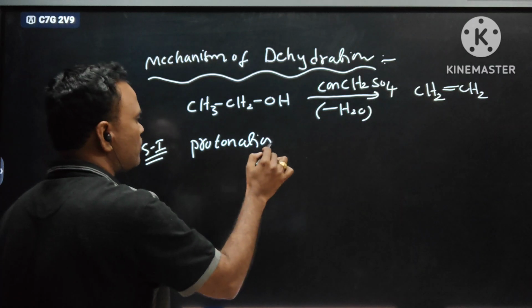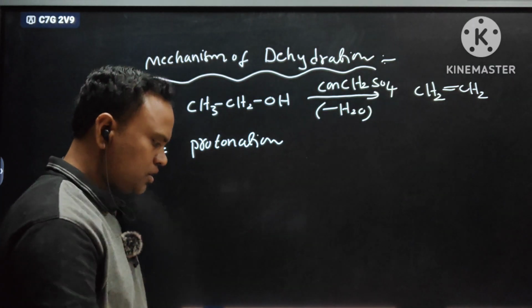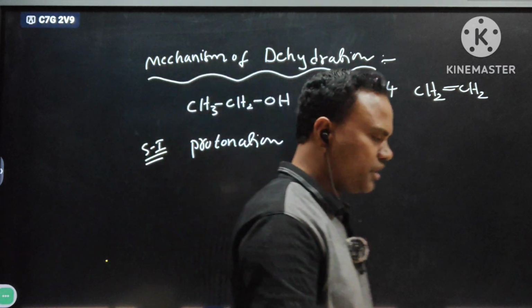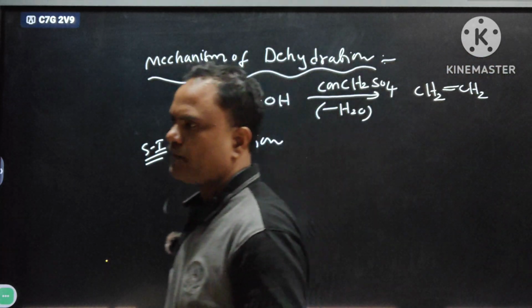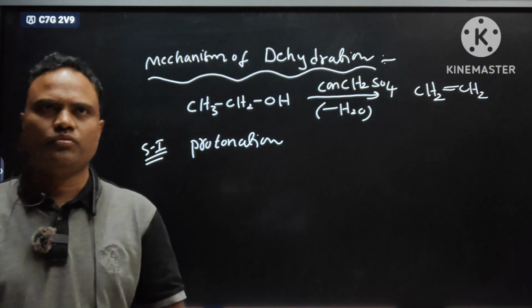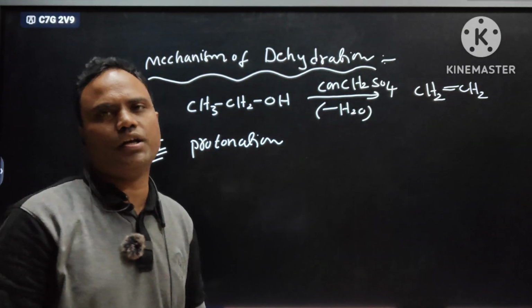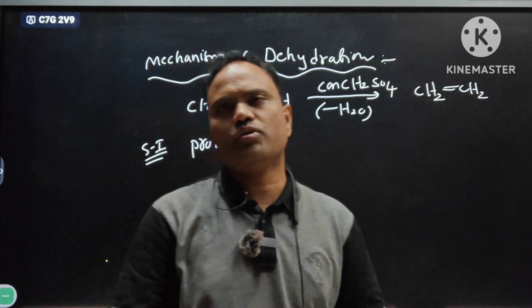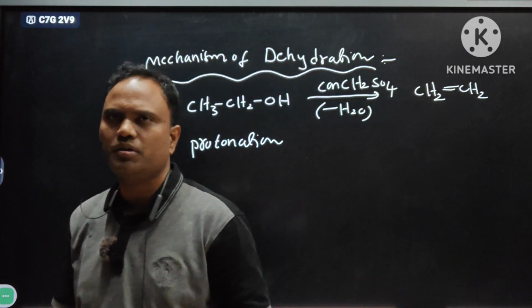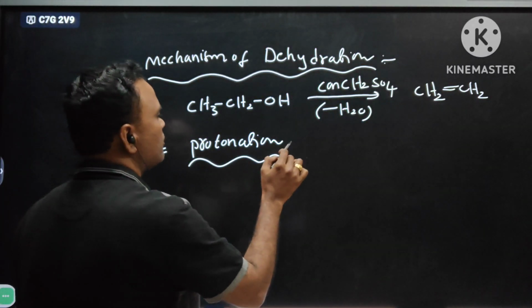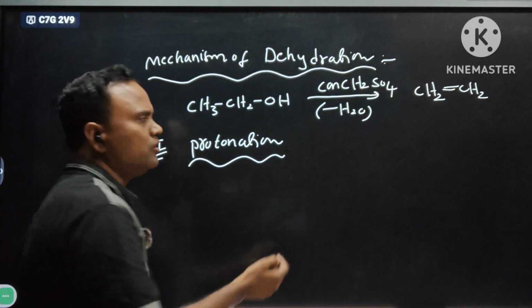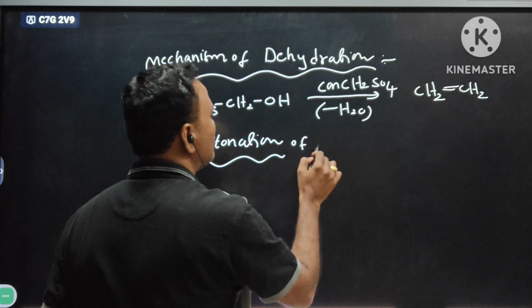Which of the following is not a step involved in the dehydration of alcohol? Sometimes you will get questions on the concept also. What is step 1? Protonation of alcohol.